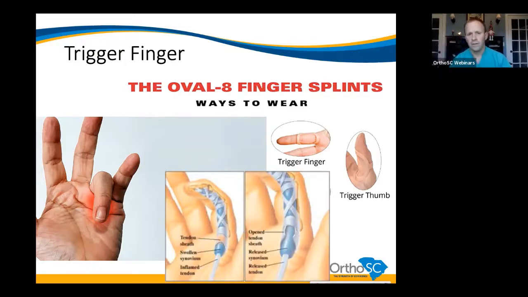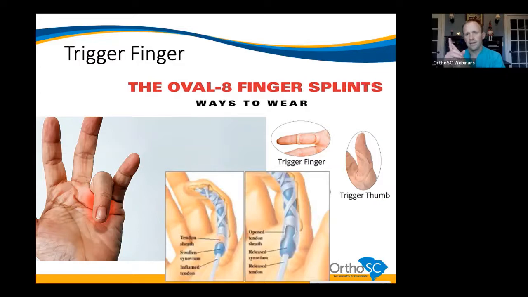So I saw a couple of patients for this today that we did injections for, and one other one is scheduled for surgery next week. And so this little brace, this oval 8 finger splint, can be helpful for trigger finger. Basically it keeps that first joint of the finger out straight and keeps it from catching or getting stuck.